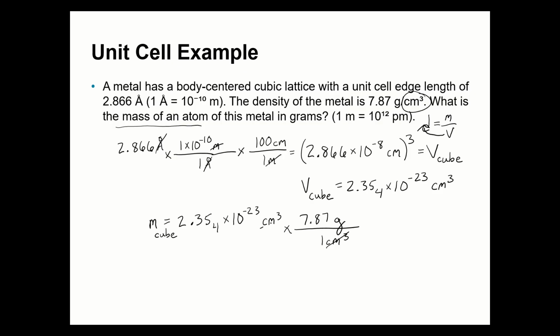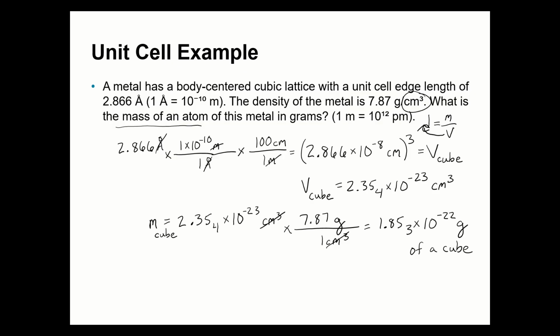So centimeter cubed cancel. And we need, again, 3 sig figs is the least number of sig figs, but we keep an extra until we're done. So 1.853 times 10 to the negative 22nd grams, and that is the grams of a cube.